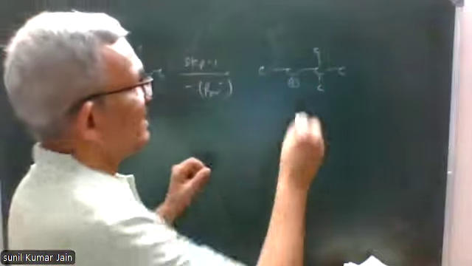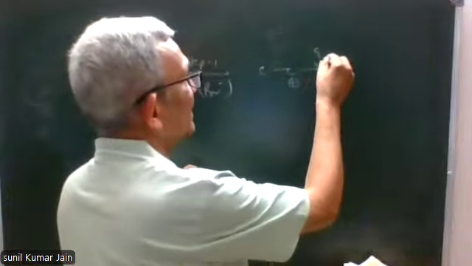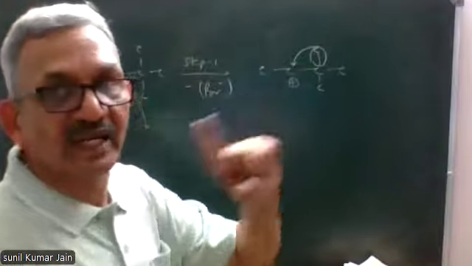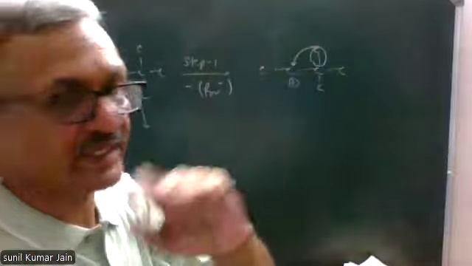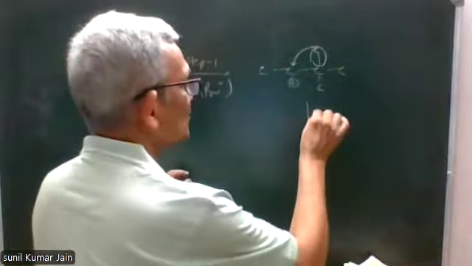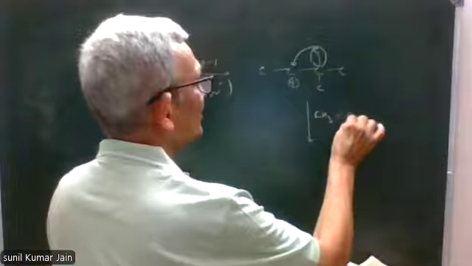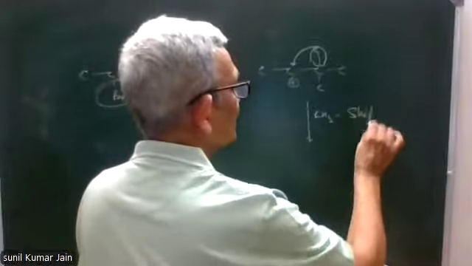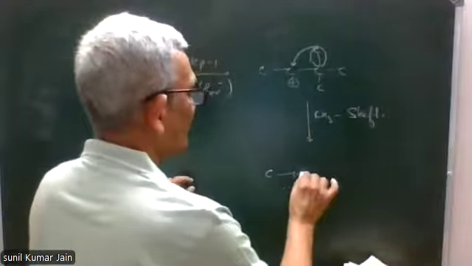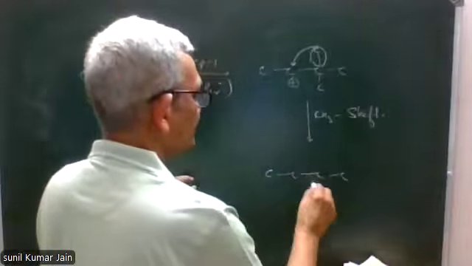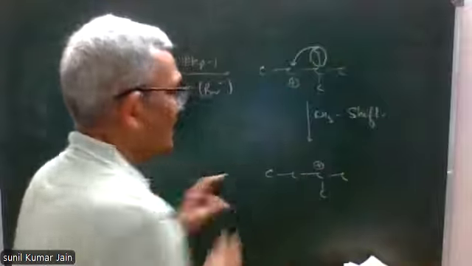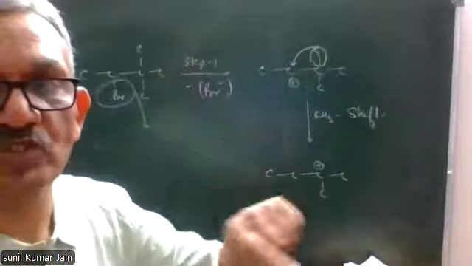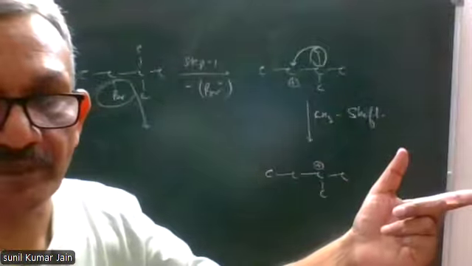Now, in this case, there will be methyl shift. Methyl along with electron pair will shift. This is called CH3 shift. And this will lead to the formation of, you can see, secondary carbonium ion changes into a more stable tertiary carbonium ion.